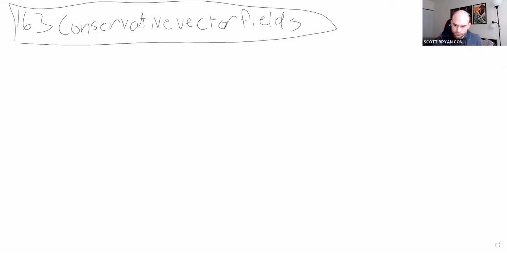Alrighty. So remember what a conservative vector field is: it's a vector field which is the gradient of some scalar function called a potential function. So F is a conservative vector field if there's some scalar function where if you take the gradient, you get this vector field.